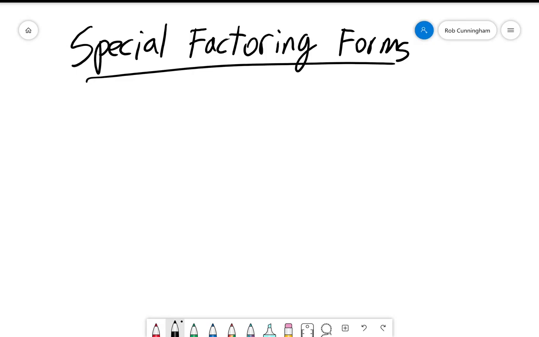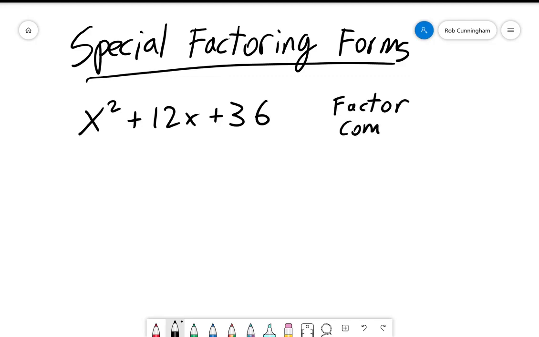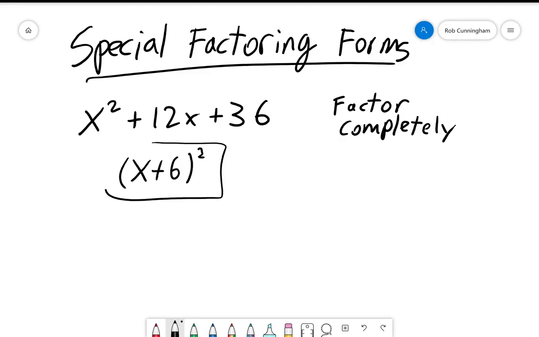For example, if I have x squared plus 12x plus 36, and I'm told to factor completely, well, I could go about dividing 36 into two factors and trying to figure out what's what, or I could recognize that this is, in fact, x plus 6 squared. I could tell right away that if I take that 12, divide it by 2 to get 6, and square it, that gives me 36. No real math needed.